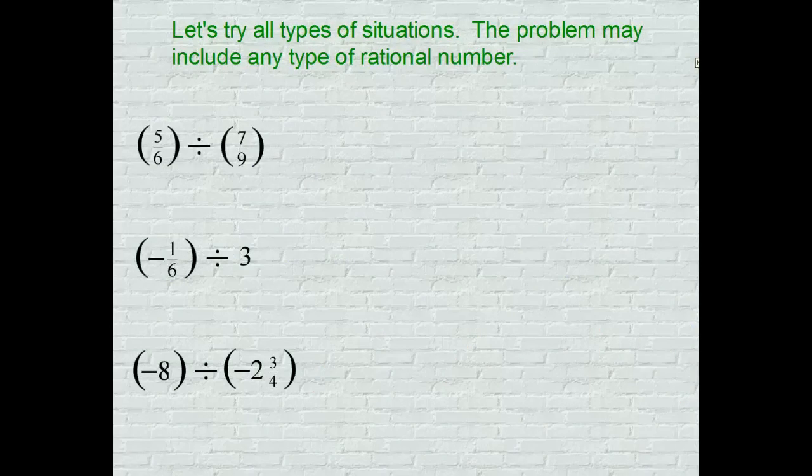The difficulty level goes up here with division because we can't divide. So what we're going to do is multiply. So if I change this to a multiplication problem, first fraction stays the same. We change it to multiplication, and we take the reciprocal of 7/9 and make it 9/7.